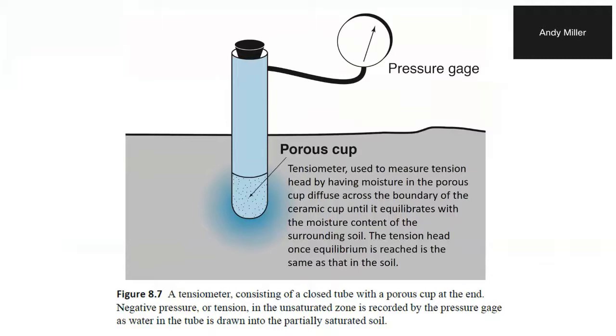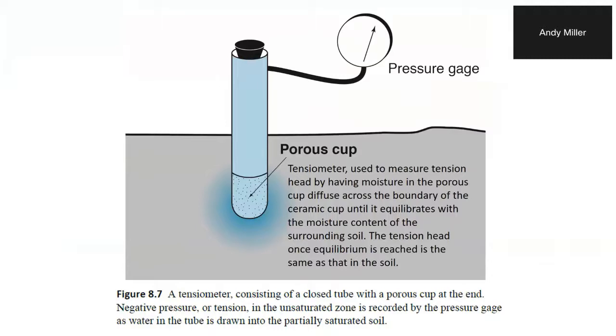Well, the corollary to that is when you're dealing with water in the unsaturated zone, you can put tensiometers in the soil, because the tensiometer also is measuring head, but it's measuring negative head, right? So you've got this porous cup at the end of a tube, and the porous cup sits in the soil, and because there is a tension force pulling water from the tube across the boundary and into the soil, it will equilibrate to the point where the internal tension head is the same as what's in the soil.